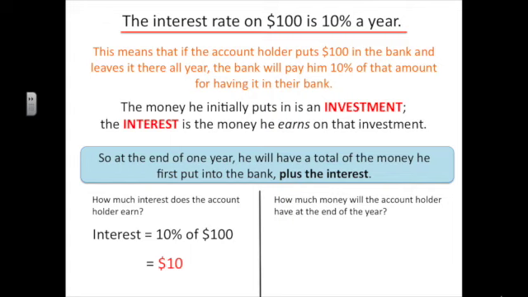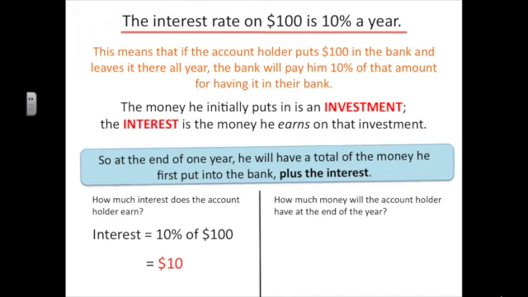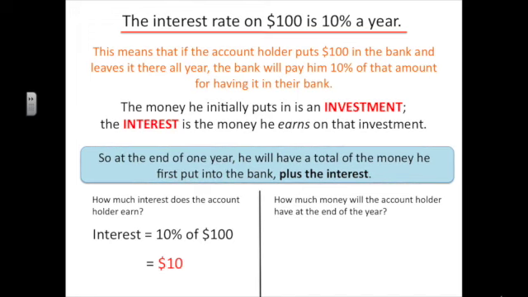At the end of 1 year, he will have a total of the money he first put into the bank plus the interest. So that means that the total amount that this account holder will have at the end of the year will be the initial amount, $100, plus the interest, which is $10. So the total amount this account holder has at the end of the year is $110.